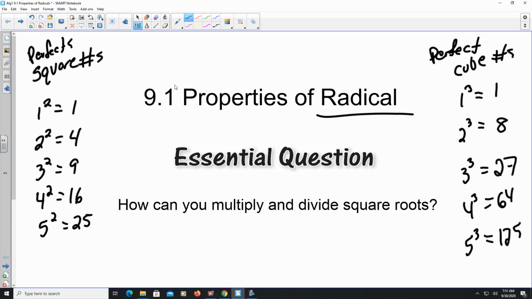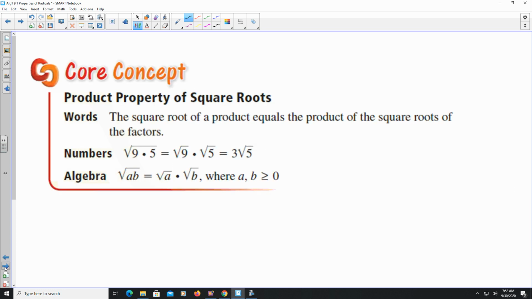What is going to help us in simplifying is being able to look at the product property and quotient properties of square roots, not just square roots, but any radical expression. But in this case, they're looking at square roots. What 9 times 5? 9 times 5 is 45.